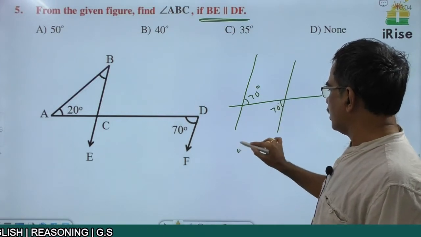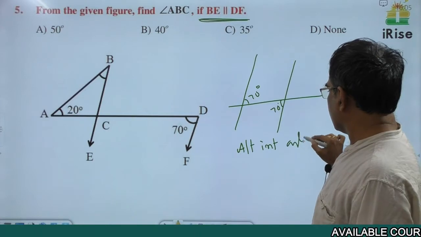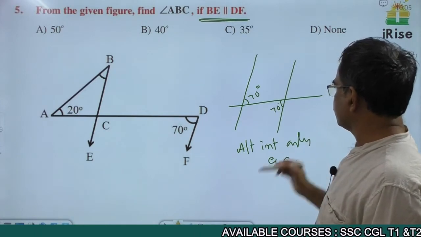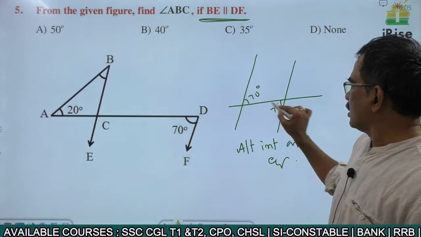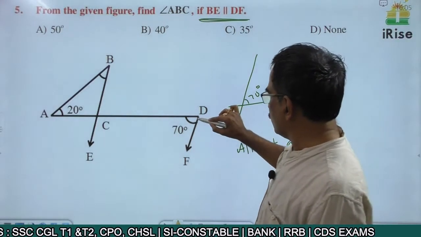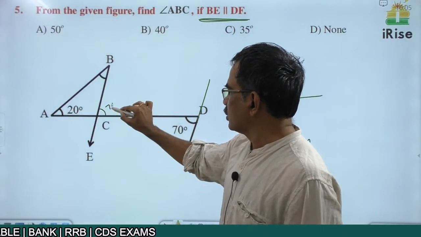They are called alternate interior angles, which are equal. If parallel lines are intersected by a transversal, alternate interior angles are equal. So if this is 70 degrees, this angle is also 70 degrees.